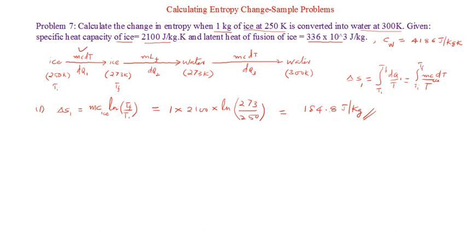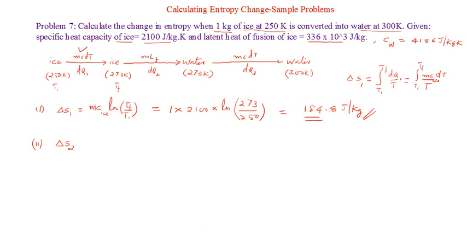Now the second part of the problem. I always advise that you do it step by step so that you can verify. Delta S2. Didn't you see that the first part is positive? The entropy change is positive because heat has been absorbed by ice, so we expect that, other things remaining the same, the molecular randomness would have increased, or entropy would have increased.